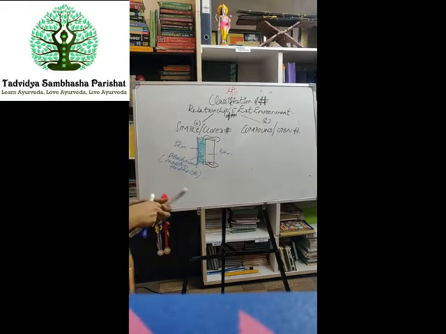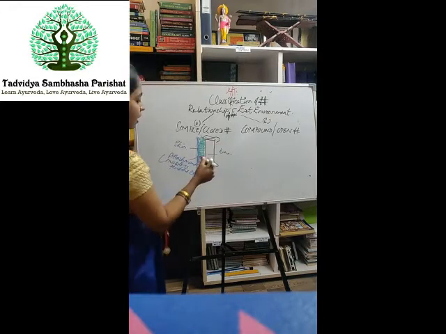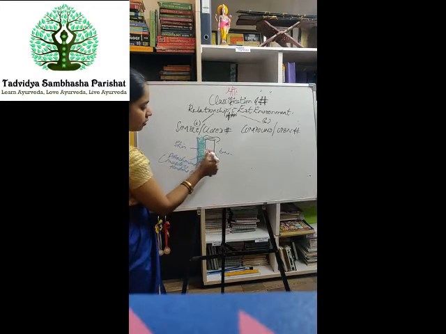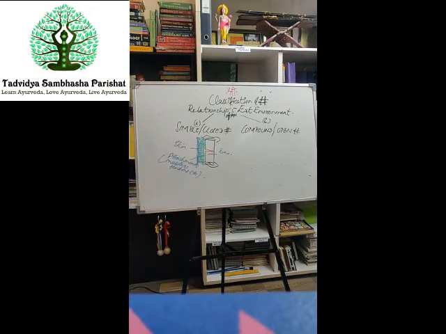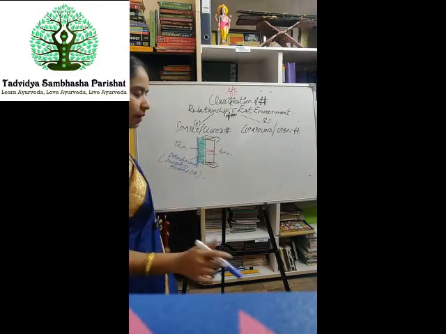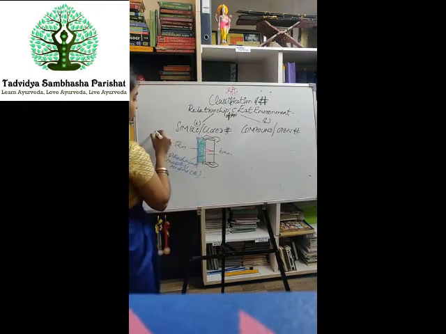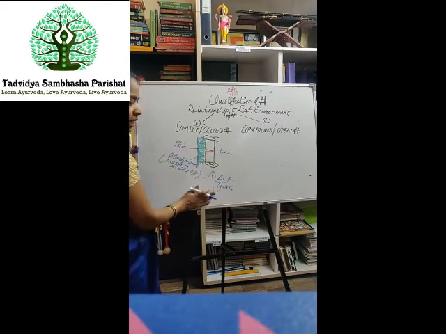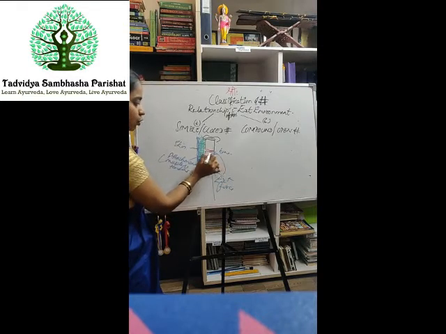Now, in this bone tissue, what happens? There is a discontinuation here. We have a fracture segment here. In a simple or closed fracture, because of an external force, it leads to fracture.